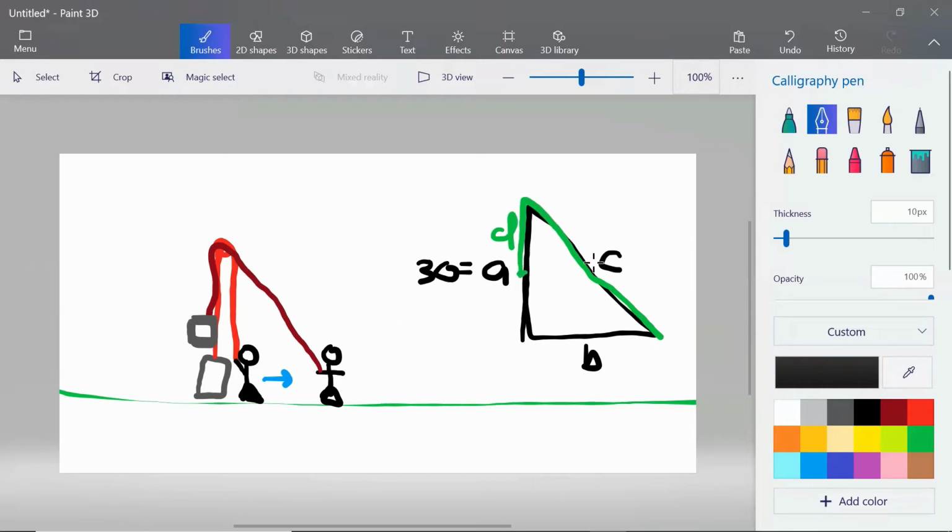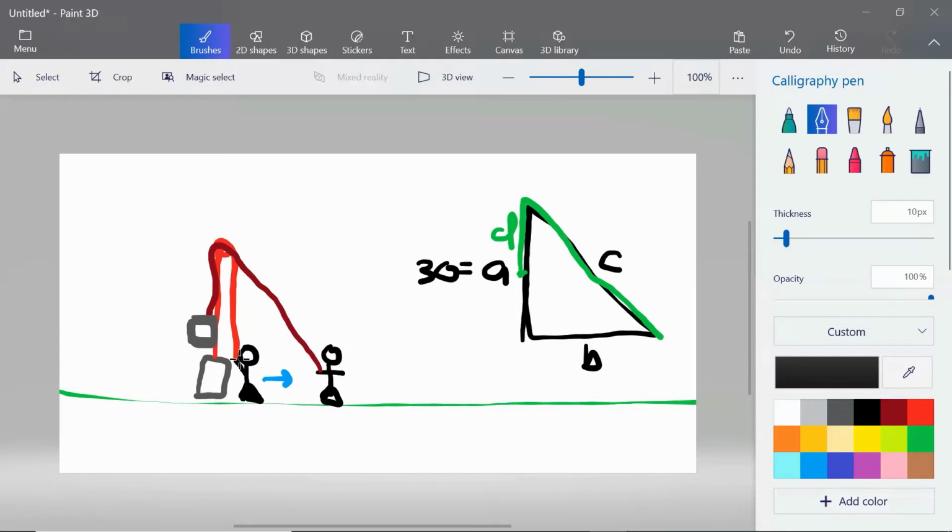And the other thing I'm going to utilize is the fact that the length from the guy's hand to the pulley and back down has to be 60, because if you recall, the pulley was 30 feet in the air from where it attaches to the weight. So it went up 30 and back down 30.